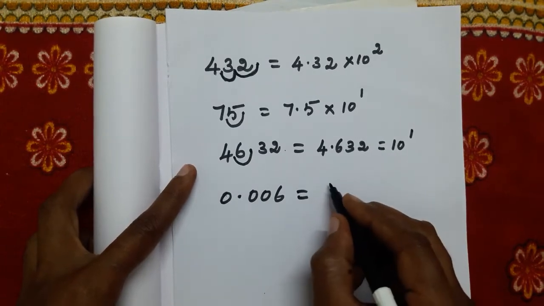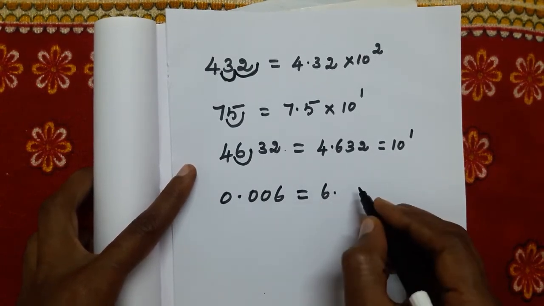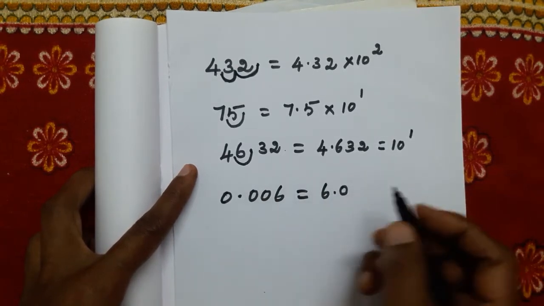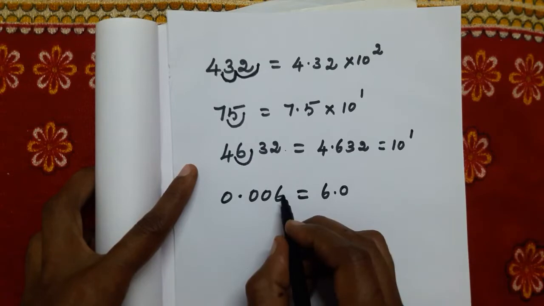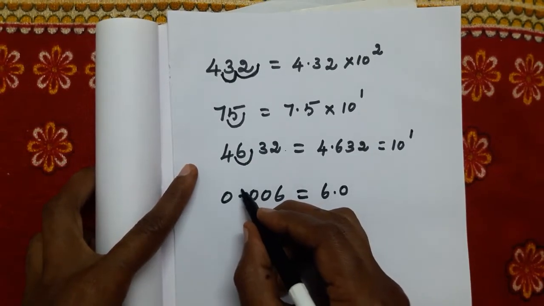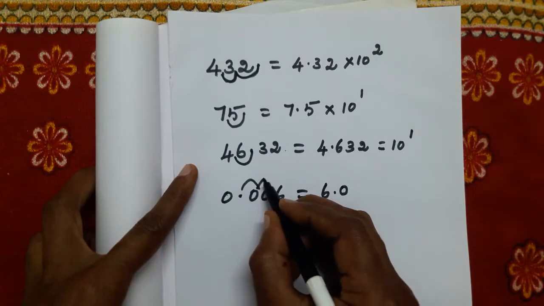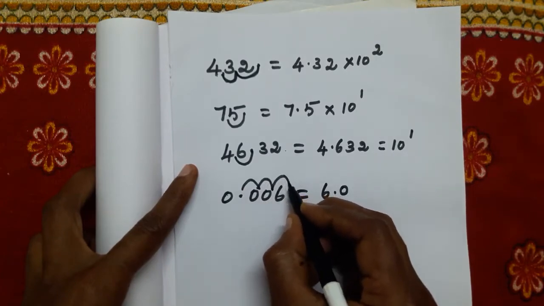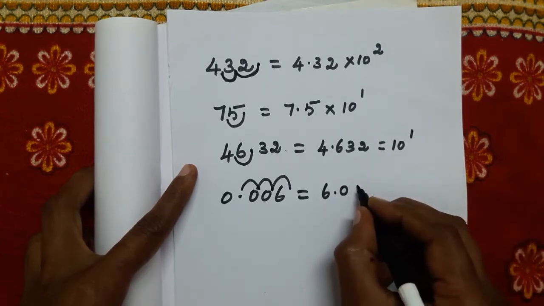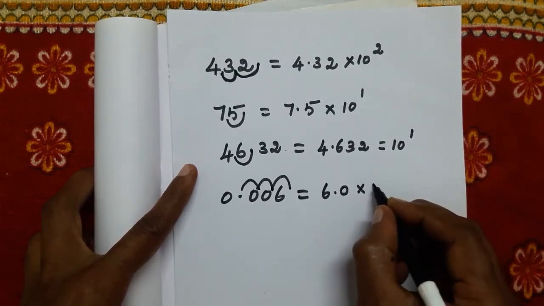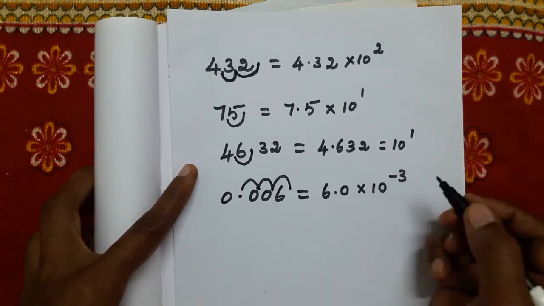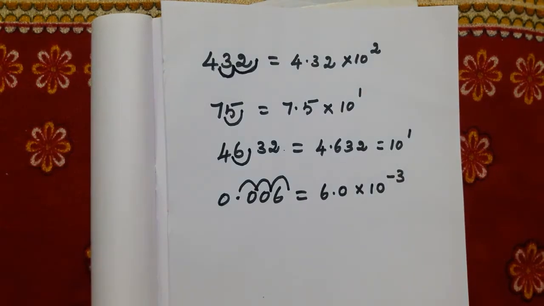So we can write this number as 6.0. Afterwards, how many digits did we move the decimal point? 1, 2, 3 digits right. Three digits right means we have to write 10 power minus 3.